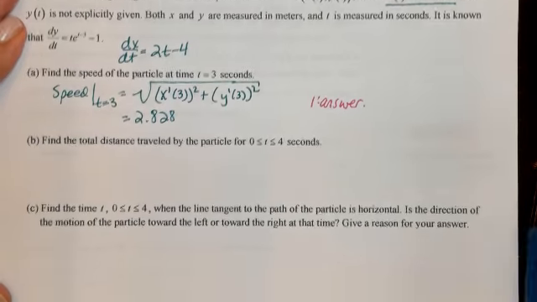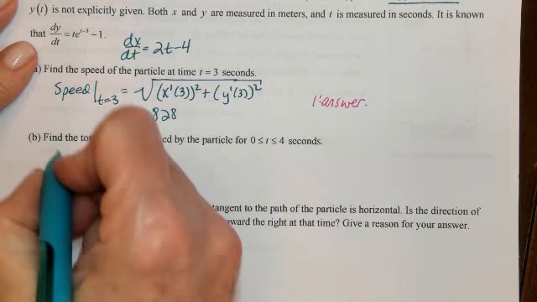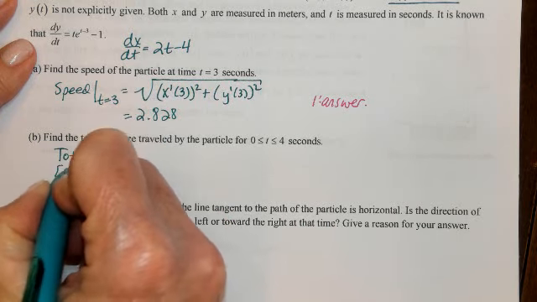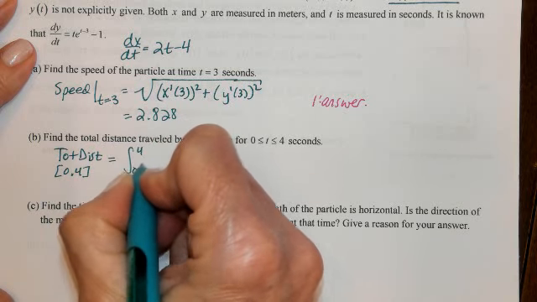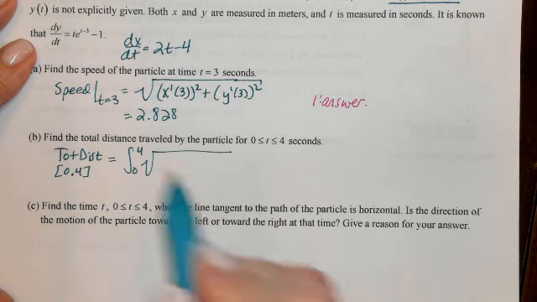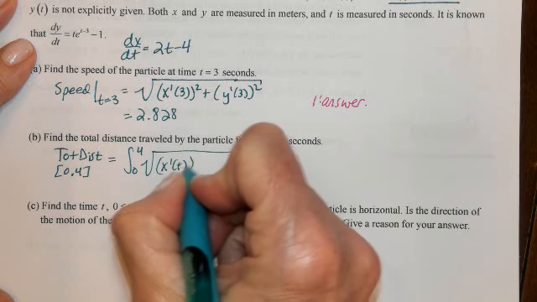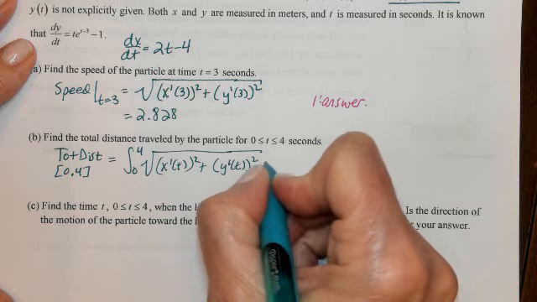Okay. Part B, find the total distance traveled by the particle for 0 to 4. Total distance traveled from 0 to 4 is the integral from 0 to 4 of the speed equation. So square root of x prime of t squared plus y prime of t squared.